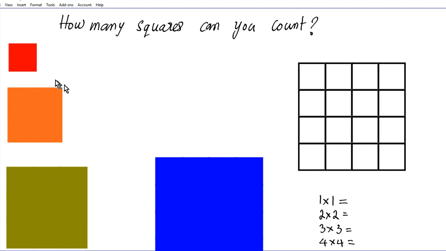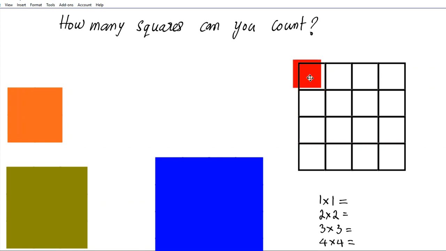Okay? Alright, so let's start with our unit square, the 1 by 1. How many of these little squares do you see in this composite square right here? So let's do it. So if you put a square here, you notice that there are 4 rows and 4 columns. So if you do the product calculation there, you get a total of 16. Okay, so there's 16 of the 1 by 1 squares.